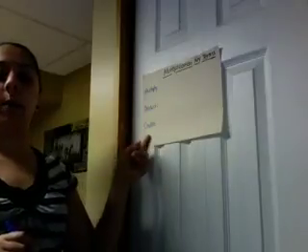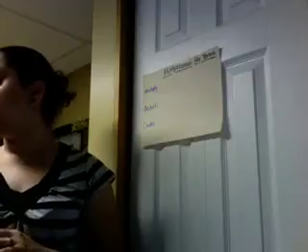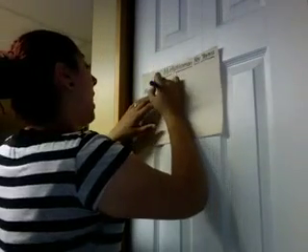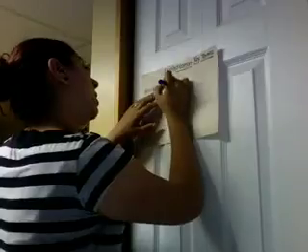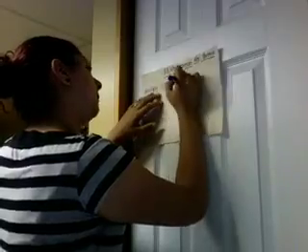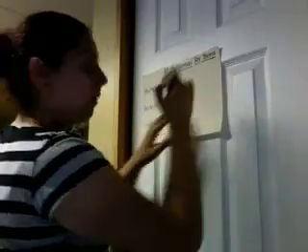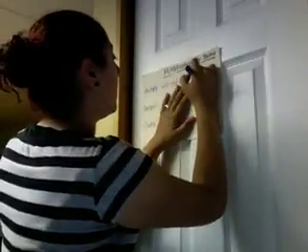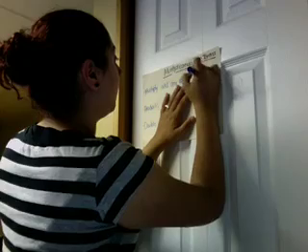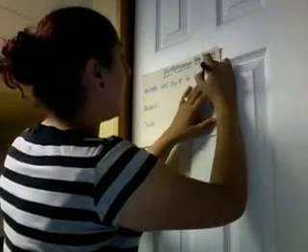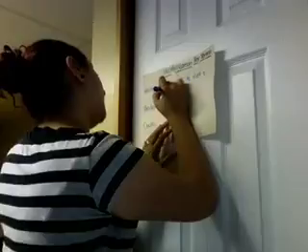Multiply, product, and double. Can someone tell me what multiply means? When you multiply something, what are you exactly doing? Good. When you're multiplying, what you're doing is adding any number to itself a certain number of times.